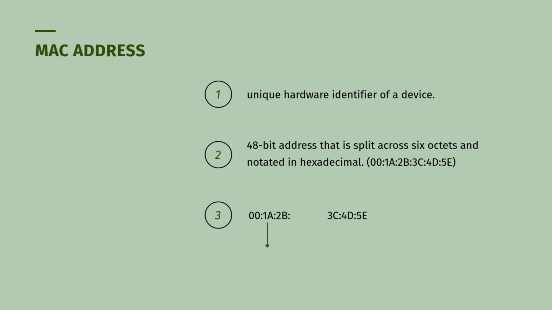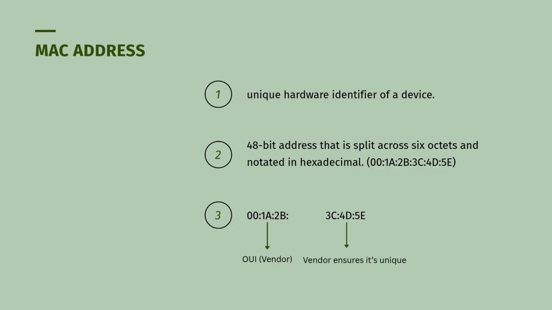OUI, or Organizationally Unique Identifier, is the first half of a MAC address, representing the initial 6 hexadecimal characters, that is 24 bits, that identify the manufacturer or organization that created the network interface card, or the NIC.